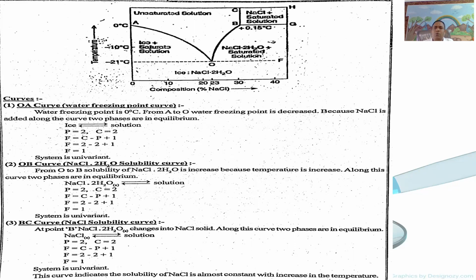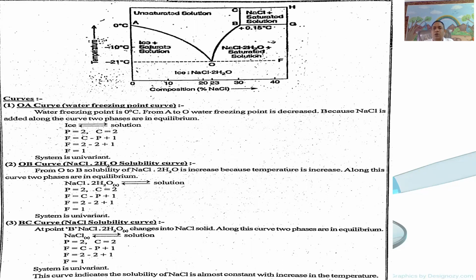The potassium iodide water system is similar to the sodium chloride water system, but the only change is the eutectic point, the cryohydric point.